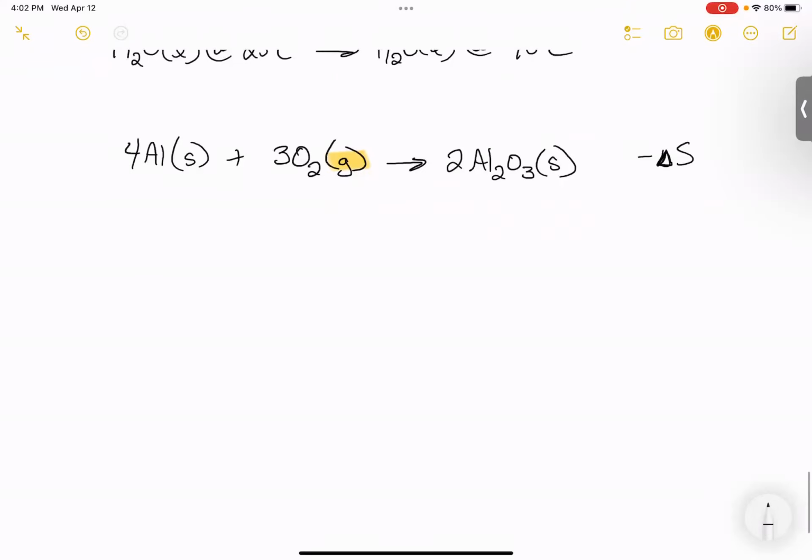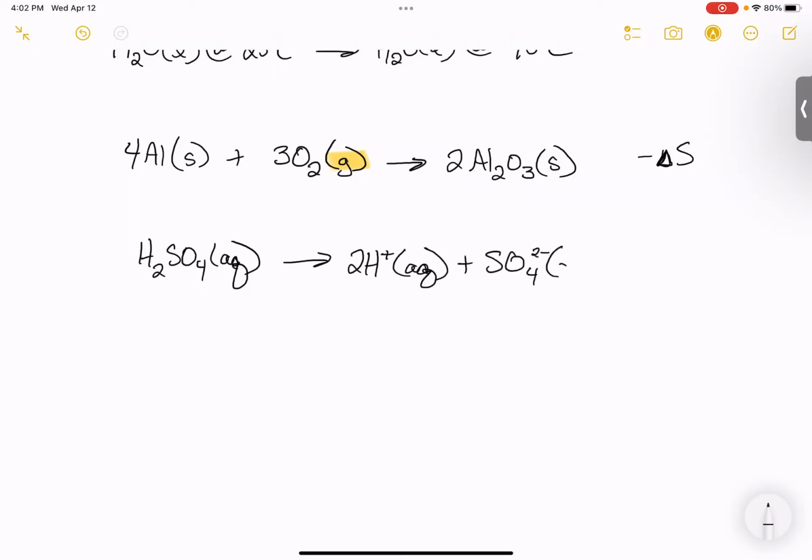Okay, one more. Let's take H2SO4 aqueous. And we are going to take that strong acid, and we're going to allow it to dissociate entirely into its ions. So what are we looking at?